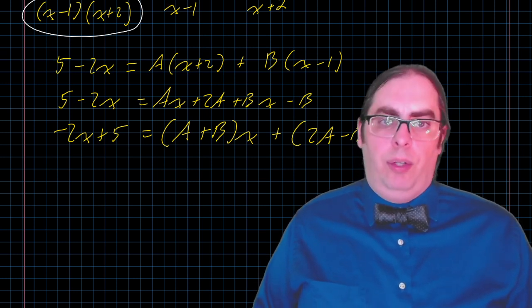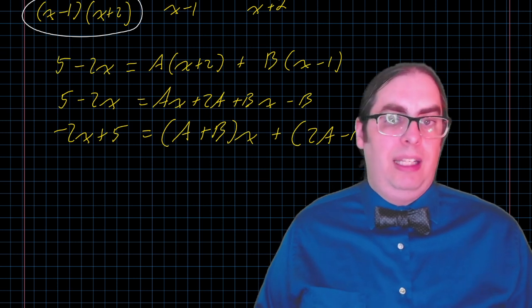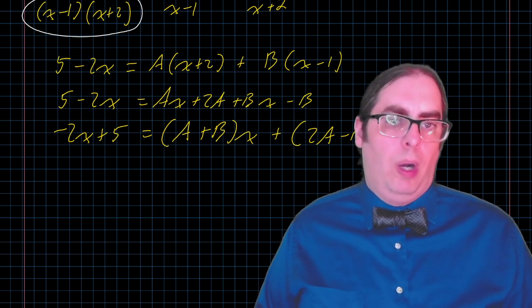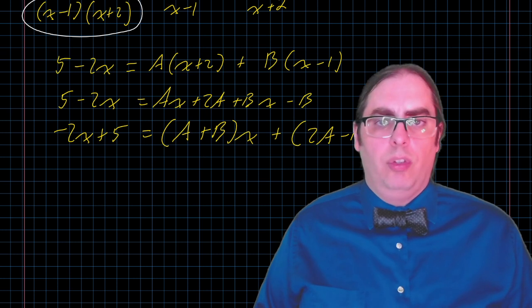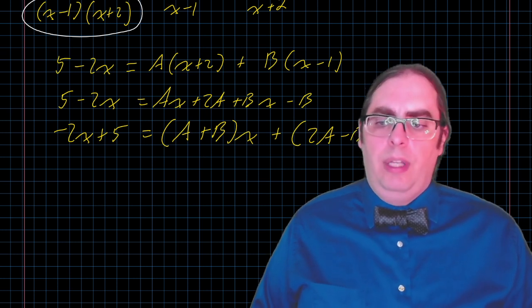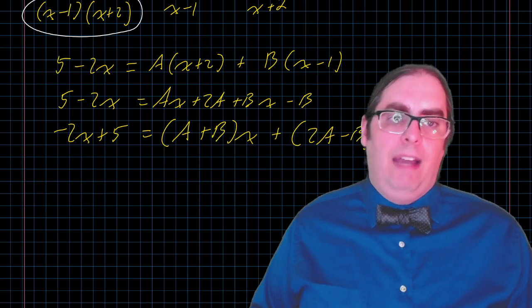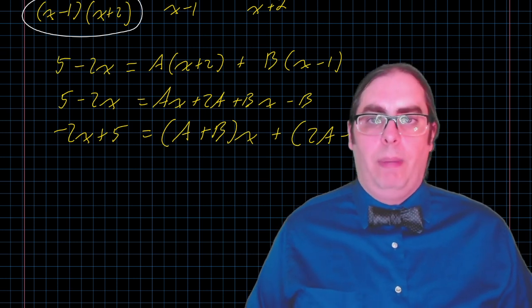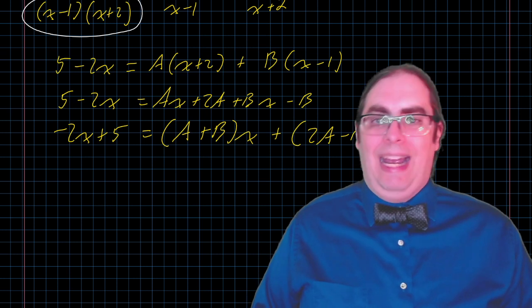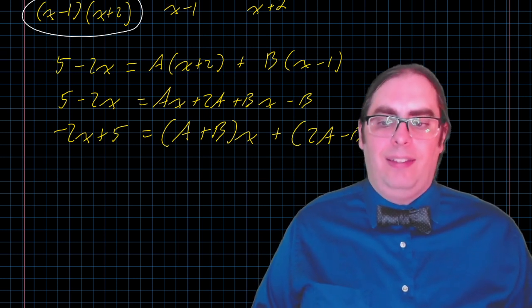It turns out, if anyone goes on to study linear algebra, you will learn why this is the case in that course. But it turns out that the only way for this to work out is for every set of coefficients to match up. The polynomials have to be the exact same polynomial.